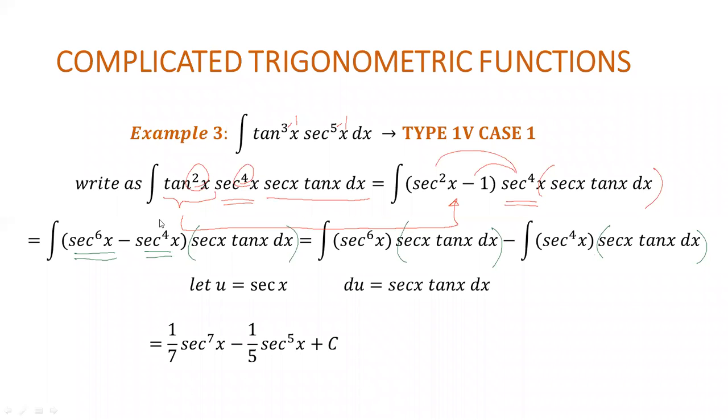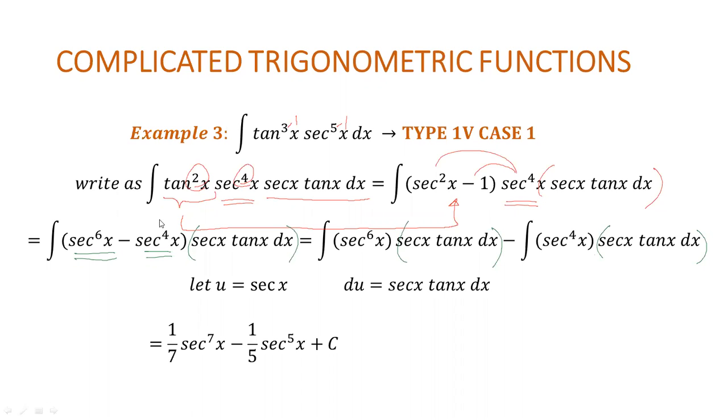When both the tangent and the secant have odd exponents, you take away the product pair of secant and tangent, and then what you do with the remaining expression is you transform it also. That way, the resulting expression would be a function of the secant.